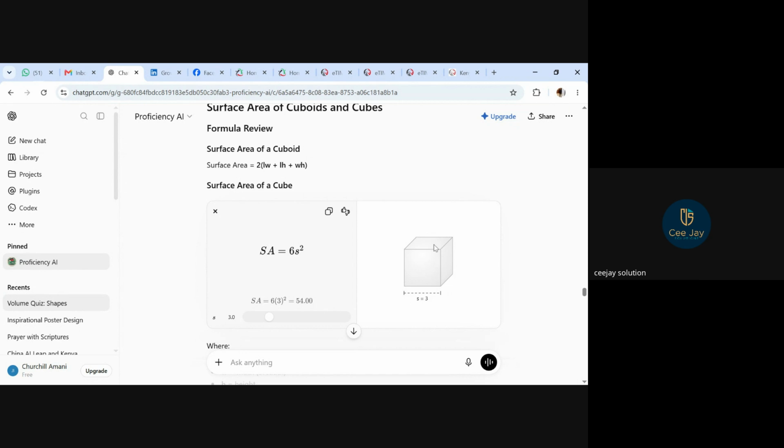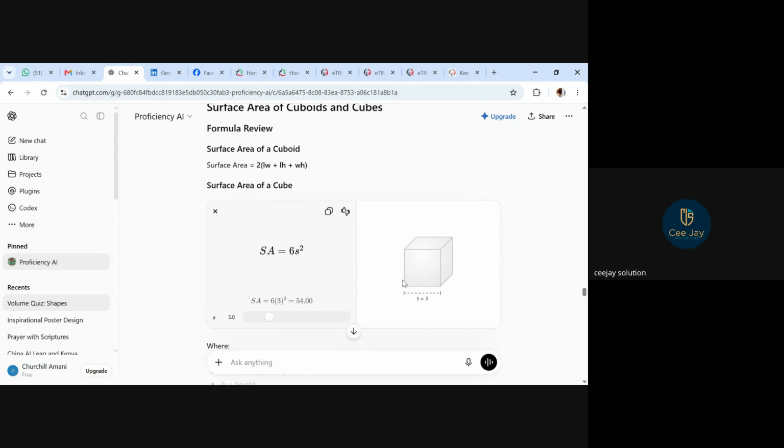24 times 2, top and bottom also, that is 48. So the total of here and here is 48. When you multiply length times width, we get our answer, and again here length times width, then we add them together. It gives us the area of top and bottom.